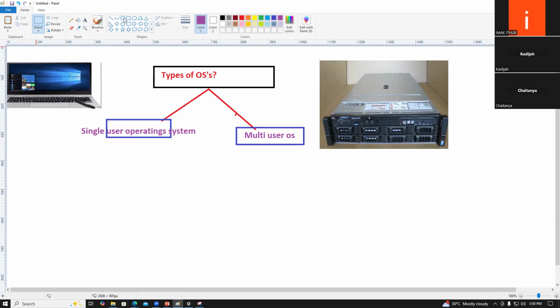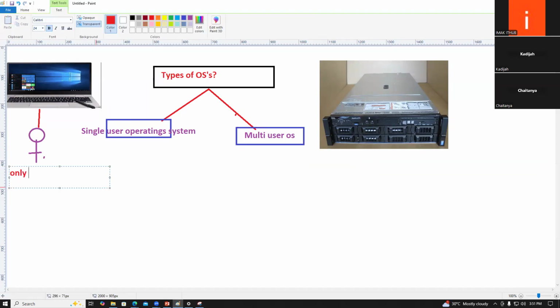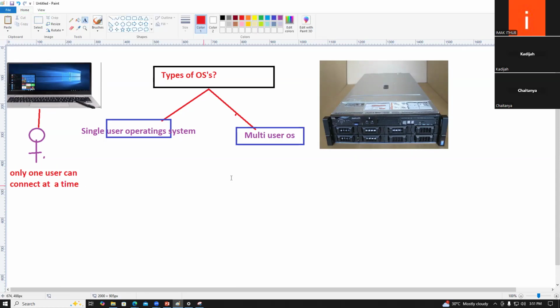So for this single user operating system, how many users can connect at a time? One user. Right. Only one user can connect at a time.